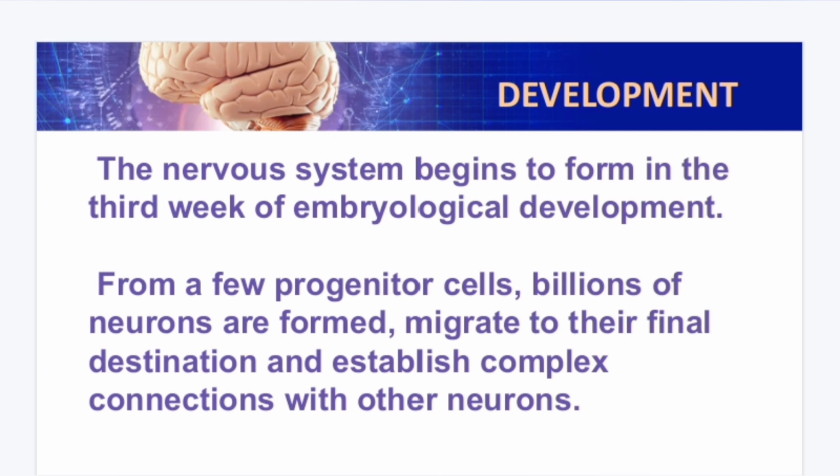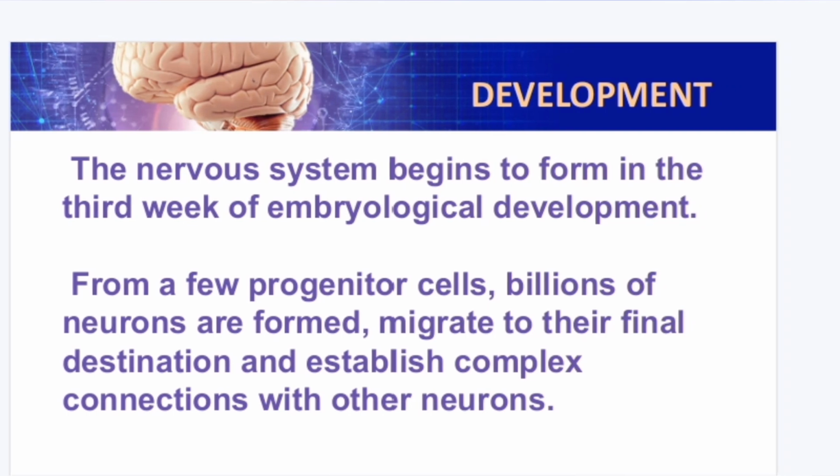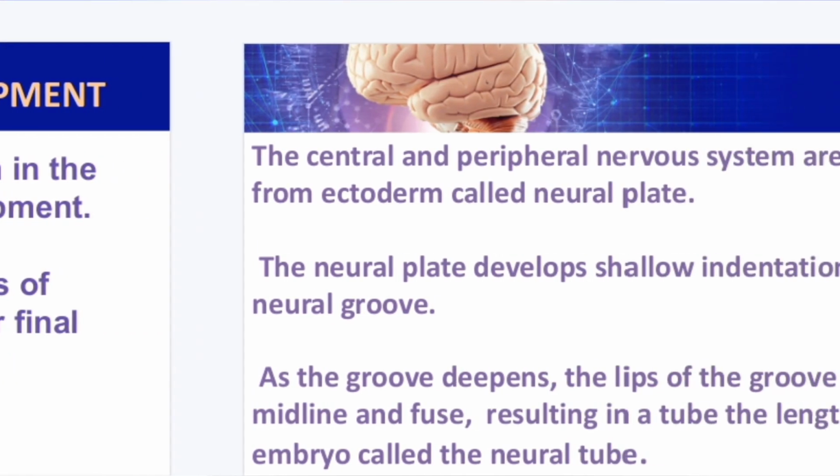So after fertilization, the zygote is formed, and at the third week of embryological development, the nervous system begins to form. From progenitor cells, billions of neurons are formed, and they migrate to different parts of the brain itself or to the spinal cord, and they establish different complex connections with each other.